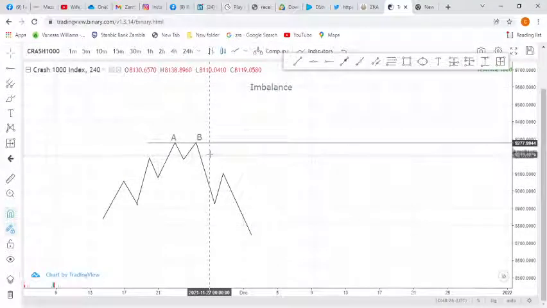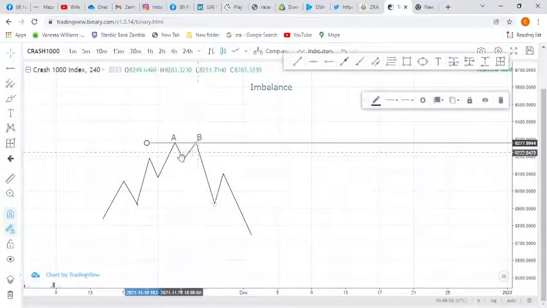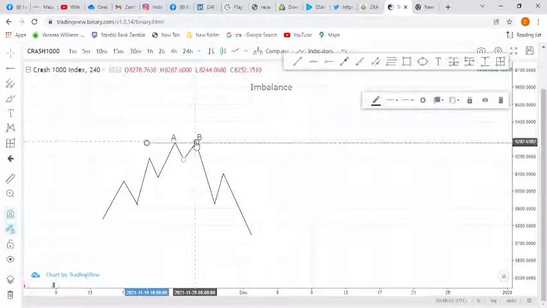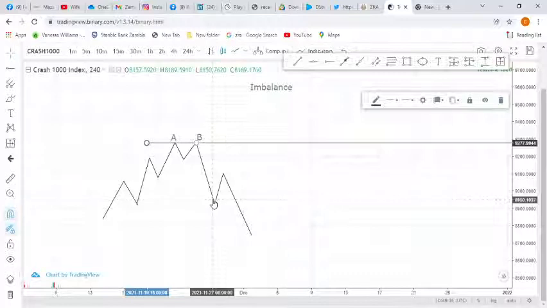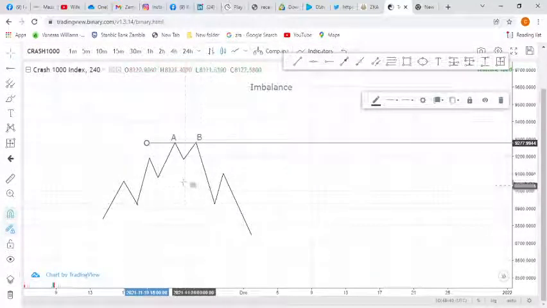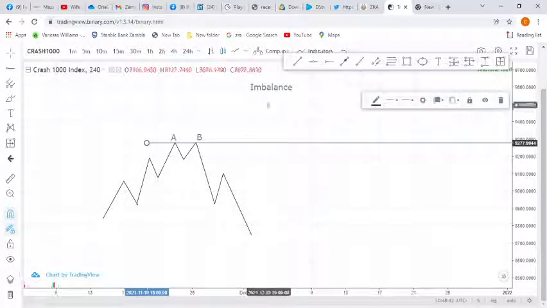But here there is something interesting. The market had a double top, then jumped very fast, went way down, and broke your previous highs.